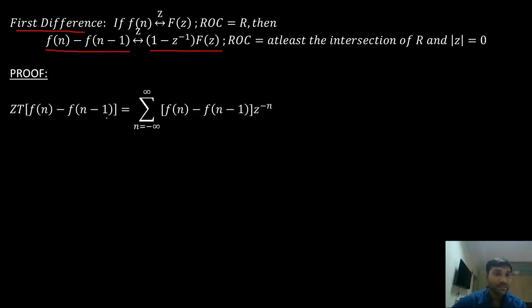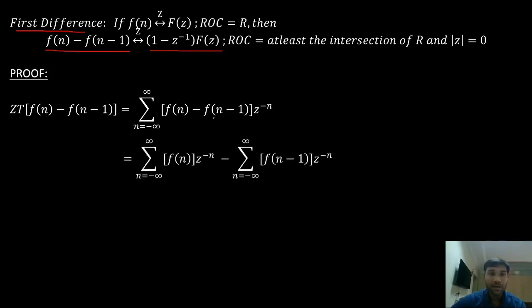We take the z transform of f of n minus f of n minus 1, and now I'll apply the linearity property here and make it two summations, one for the first term and one for the second term. The first term is nothing but F of z, and the second term is a bilateral time shifting property.